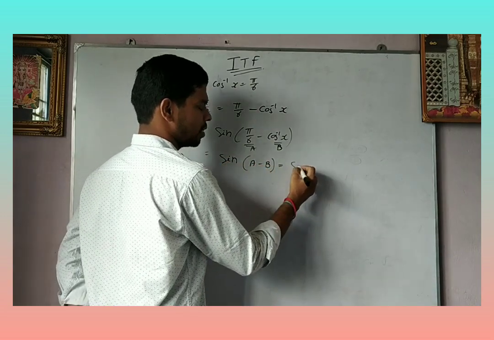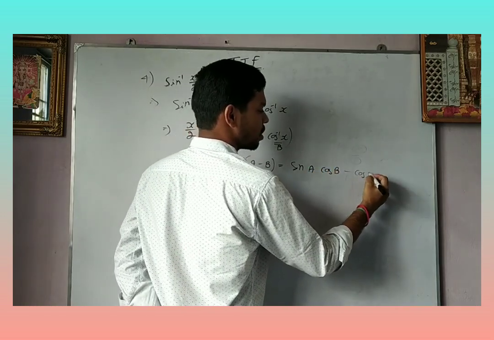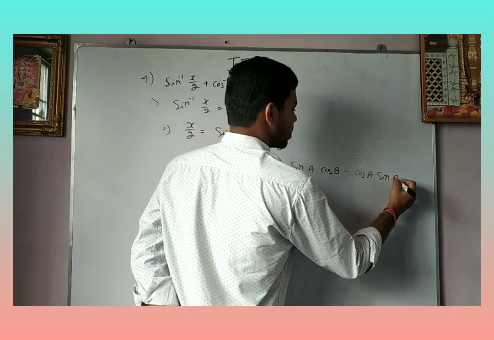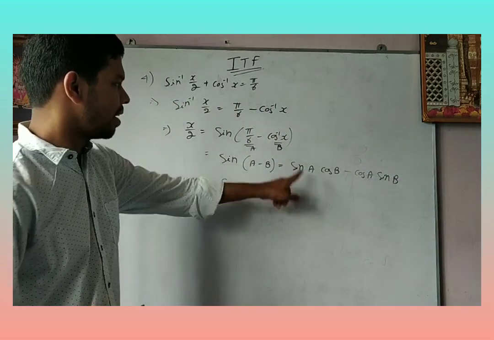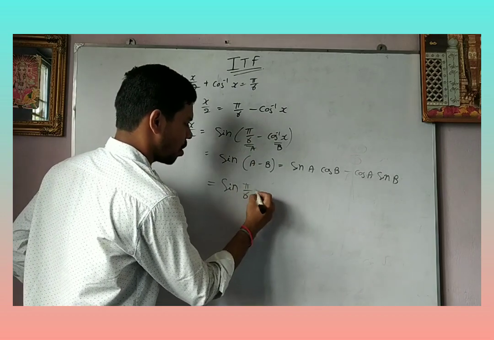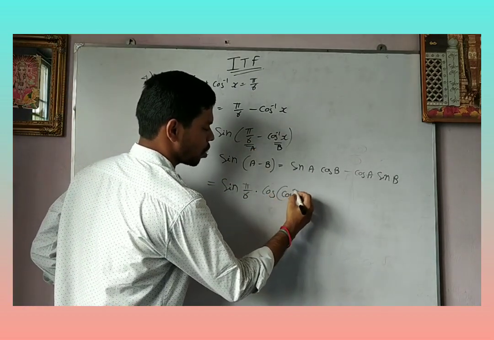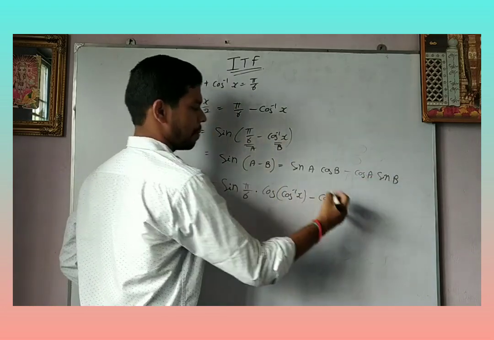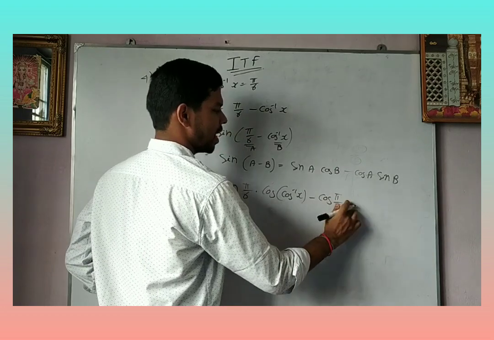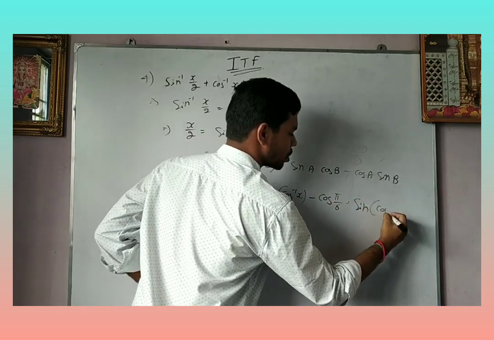And we know that sin A cos B minus cos A sin B. And A is pi by 6. What is the value of B? Cos inverse x. So cos of cos inverse x, minus cos A, pi by 6, into sin B, sin of cos inverse x.